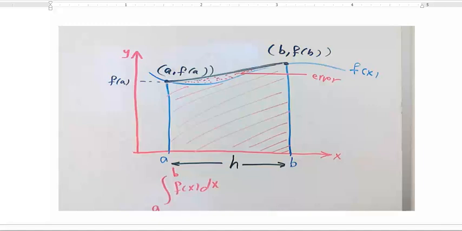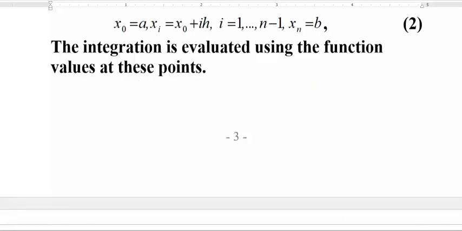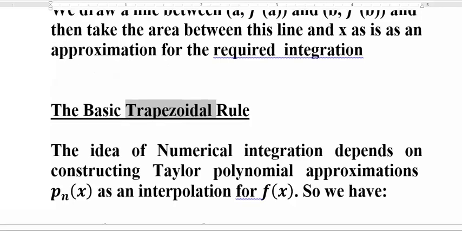It is like a rectangle, but two of its sides are not parallel. So this is the meaning of our title, trapezoidal rule.